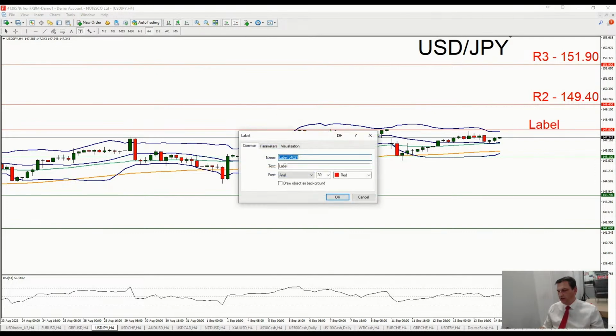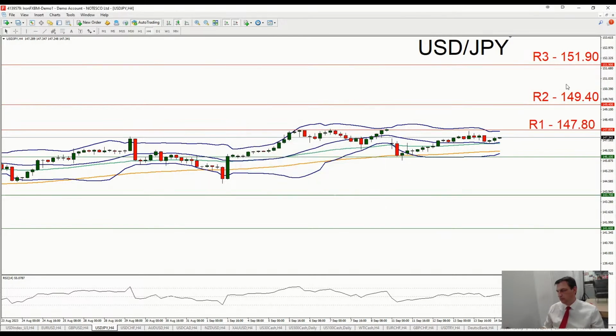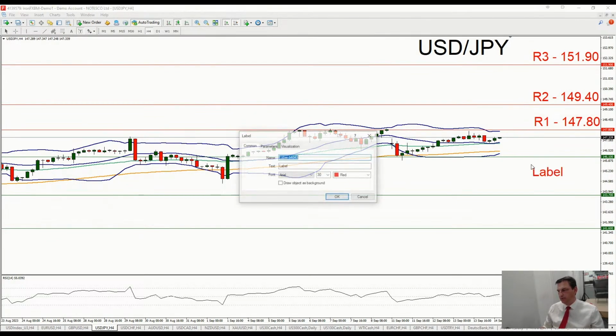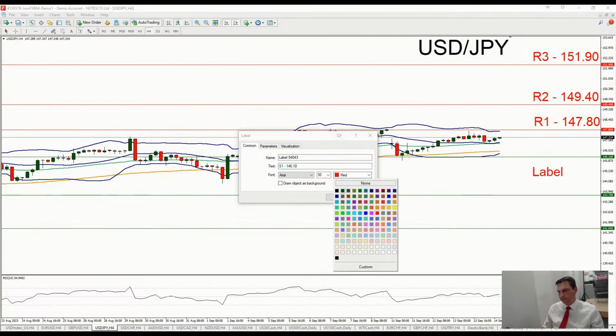Moving now to the R1 at 147.80. S1, the first support line, being placed at 146.10. Being green.